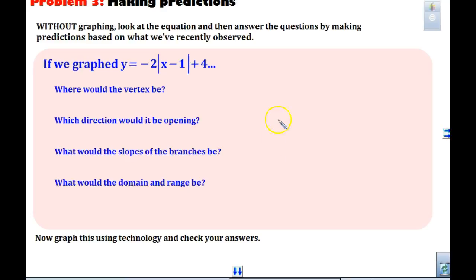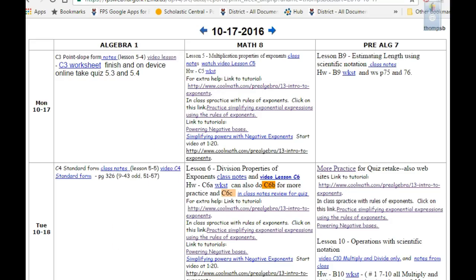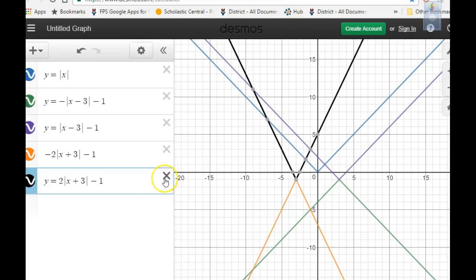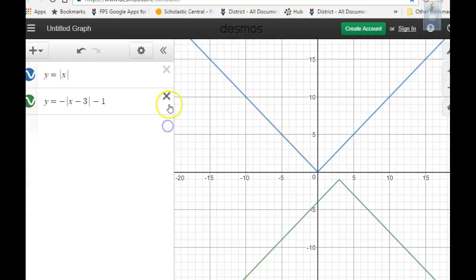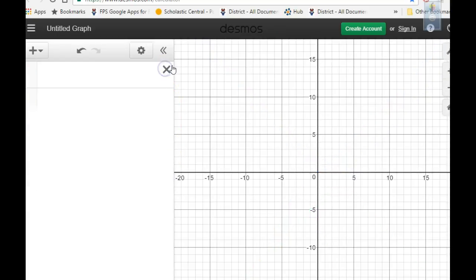First thing I want you to be able to tell me, where is your vertex? Write it down. Open up or open down? What are the slopes as you look at this one? Before you go to your Desmos calculator and put that equation in, make those predictions and see how right you are.